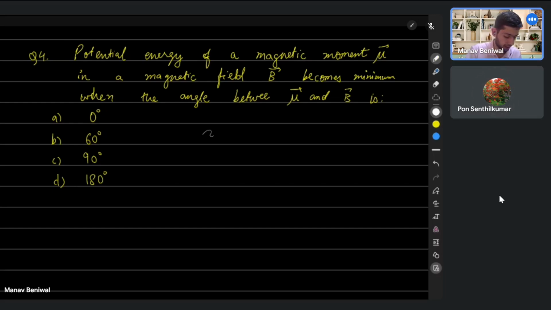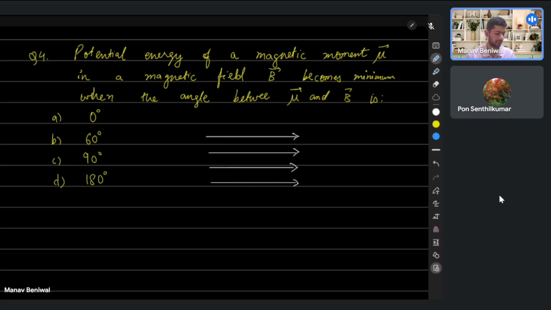Suppose this is the direction of our magnetic field, like this. Let me draw the field lines. And now you put a magnetic dipole. Let's say this is our dipole. I just put it in some random direction, making some angle theta.